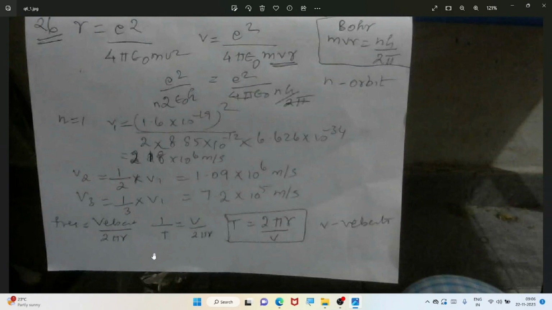So now we have to use frequency equal to velocity by 2 pi r. Frequency is equal to 1 by T. So the period equals 2 pi r by v. Okay, this is the velocity.